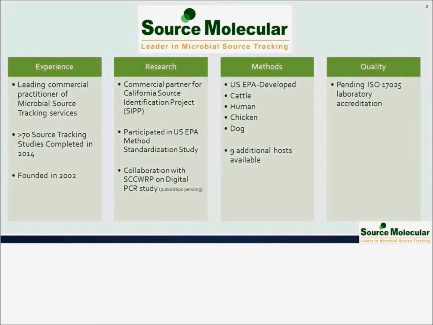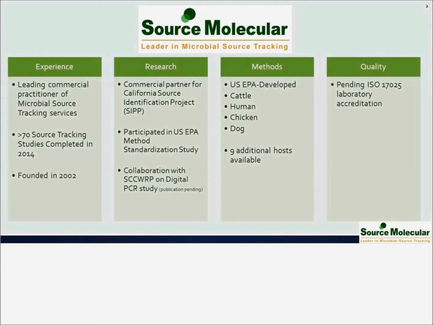and development, collaborating with the state of California on the development of their source identification project, also participating with the US EPA method standardization study, and collaborating, as we'll talk about later on, on digital PCR validation with SCORP. We've licensed technology from the US EPA on human, cattle, chicken, and dog, and also have 9 additional sources that we can detect.